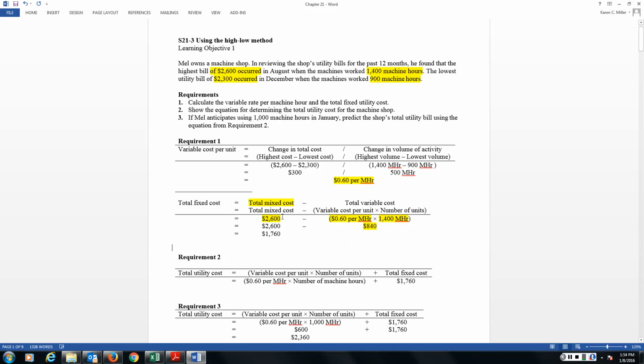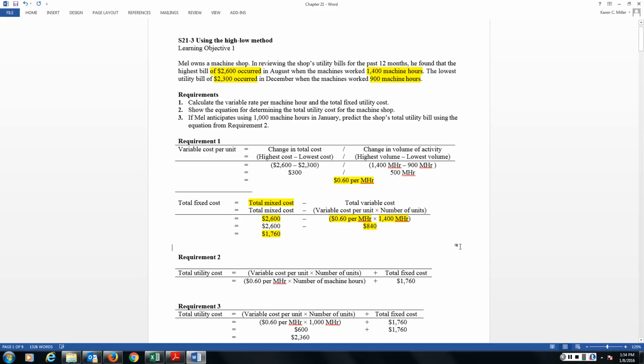If I take my total costs of 2,600 less the variable costs for that month, what we have left is our fixed cost, $1,760. Since we're doing this monthly, every month my fixed cost will be $1,760, and every month my variable cost is going to be 60 cents per machine hour times the number of hours that my machines actually run.